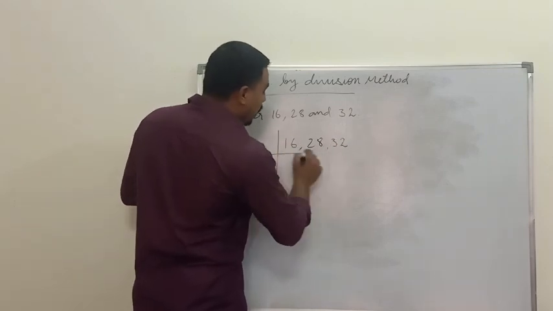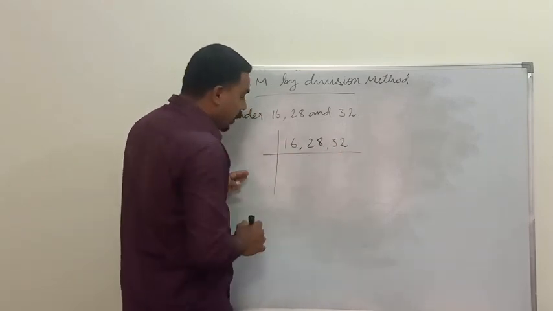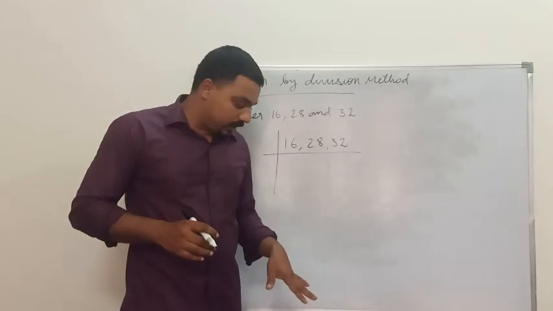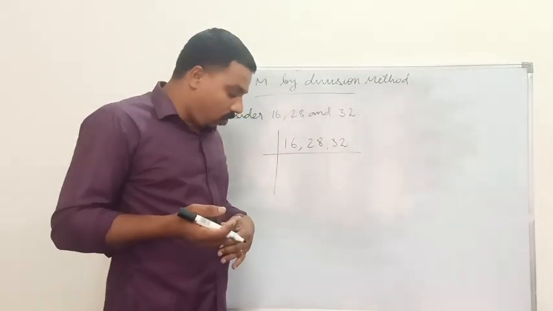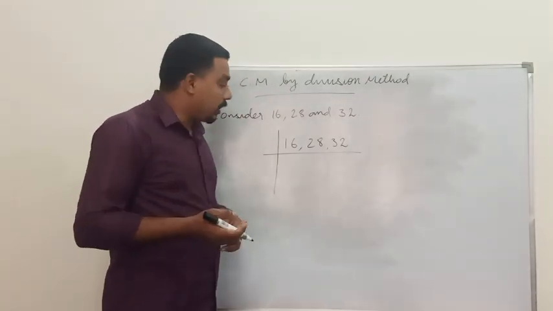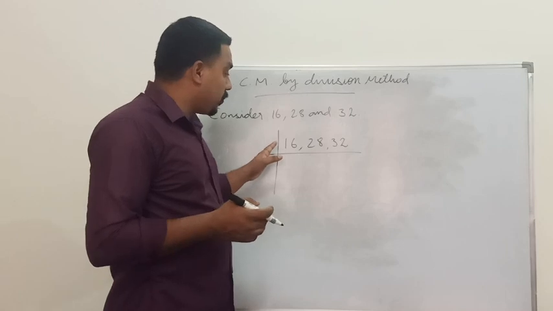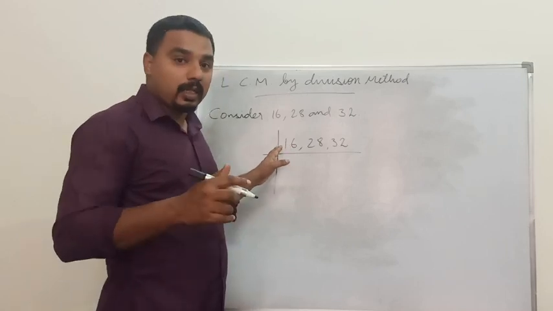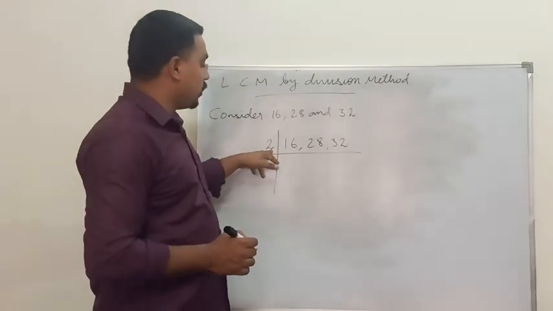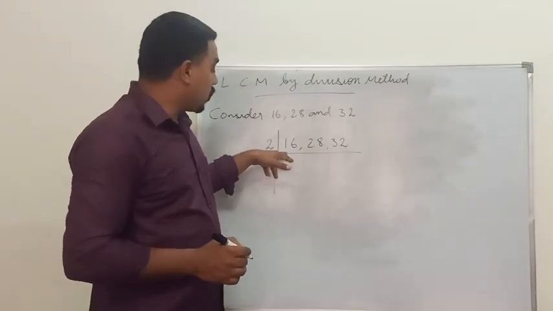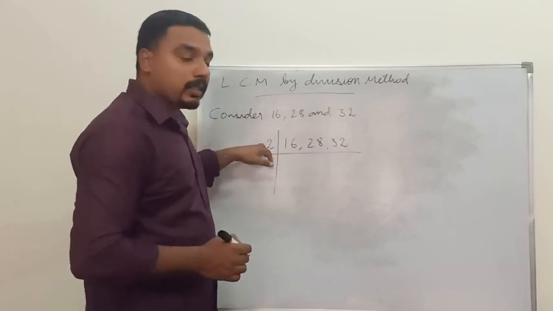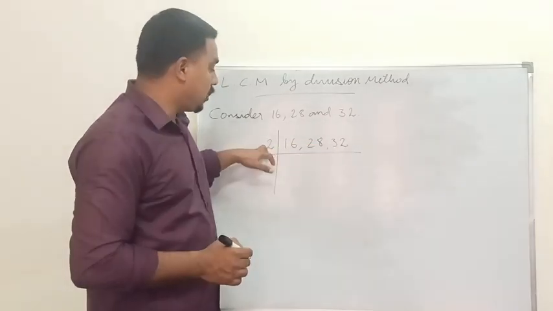Now what we have to do, the first step: divide by the smallest prime number which divides at least 2 of the given numbers. All these numbers are even numbers, right? So we can consider the least prime number, which is 2.